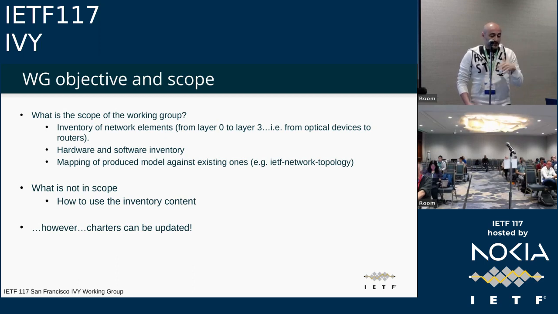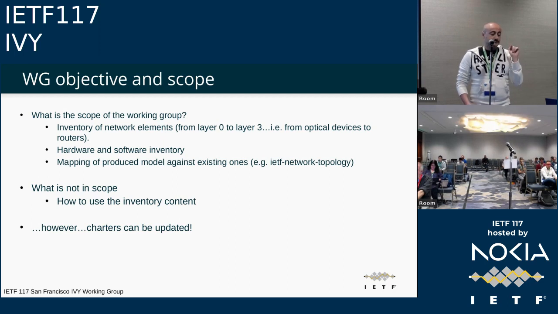Other things in scope: hardware inventory and software inventory. If I'm not mistaken, as of now we have a lot of material covering hardware inventory, but a little bit less on software. So possibly it would be great to cover both topics.